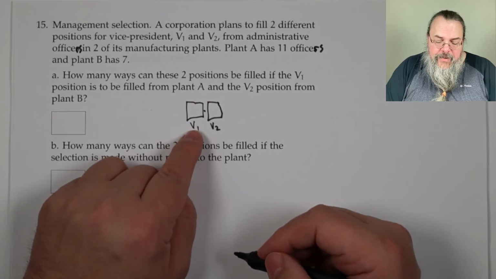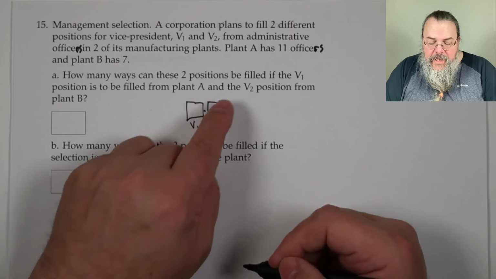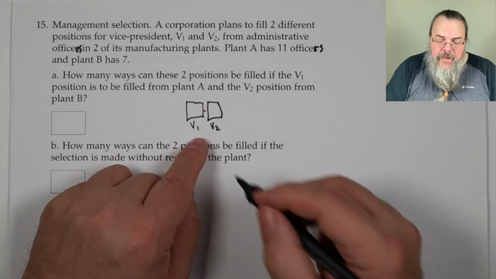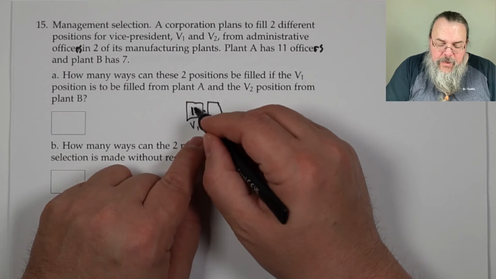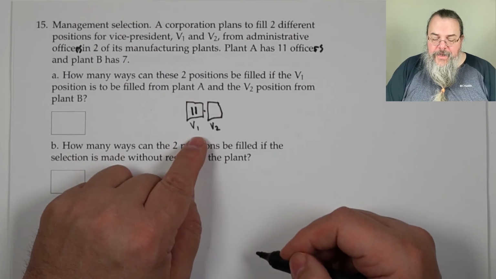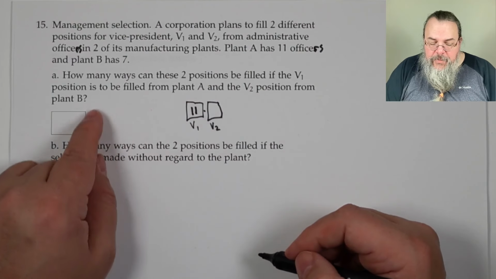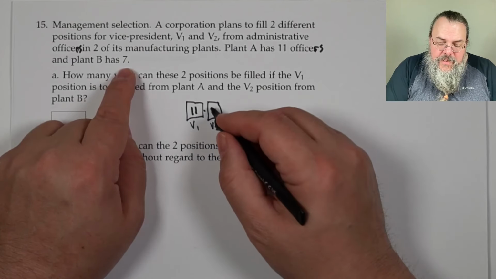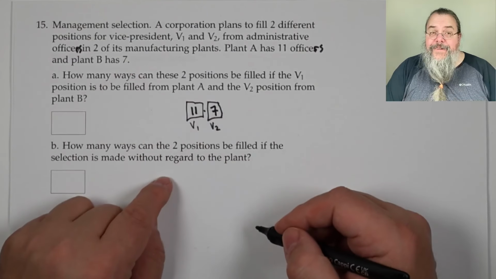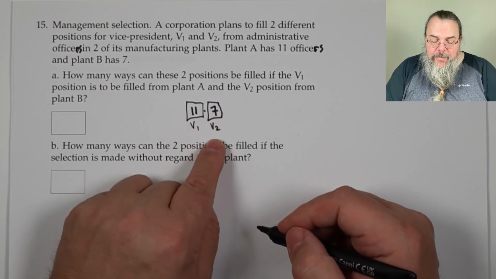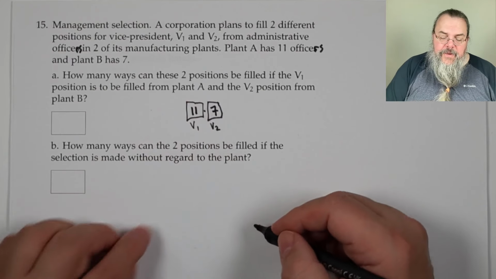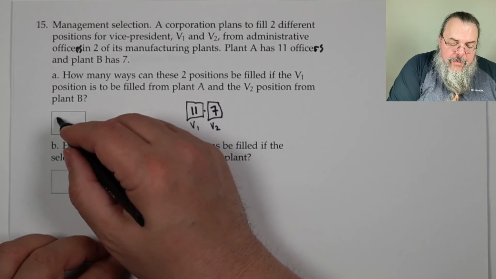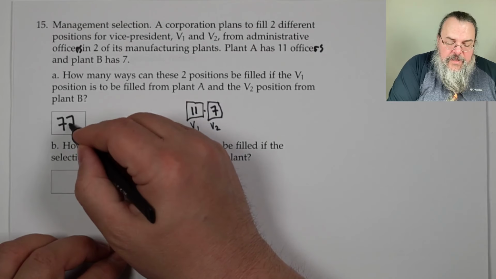So how many ways can we pick V1? Well, Plant A, there's 11 of them. So there's 11 ways we can pick our vice president 1. And then V2 comes from Plant B, and there's 7 of them. So that's 11 times 7, right? Because there's 7 ways to pick V2. There's 11 ways to pick V1. So 11 times 7 makes 77.